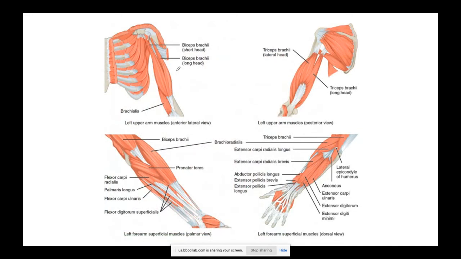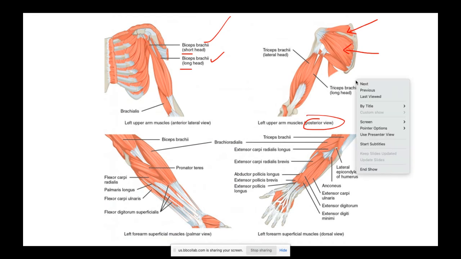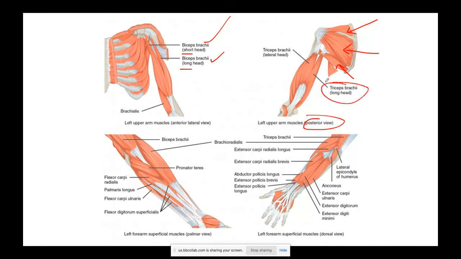Okay, let's take a look. We already covered the biceps brachii and both the short head and the long head. Make sure you know the differences. On the posterior view, right, here's the supraspinatus. Here's the infraspinatus. Here is the teres minor. And here is the long head of the triceps.